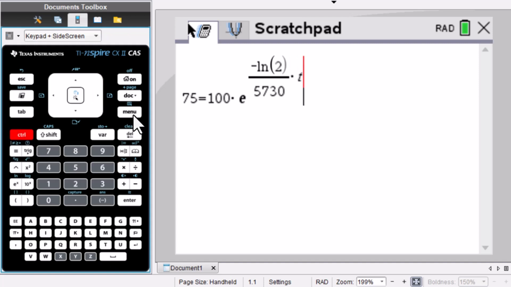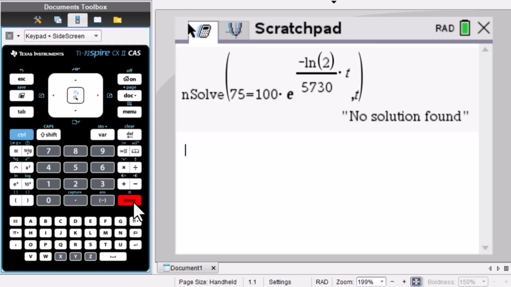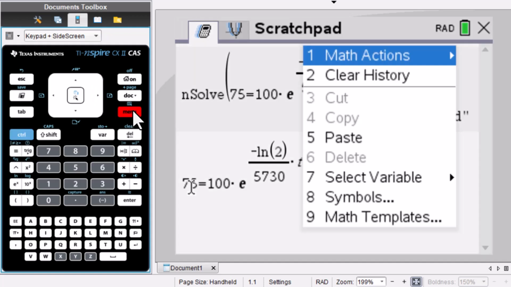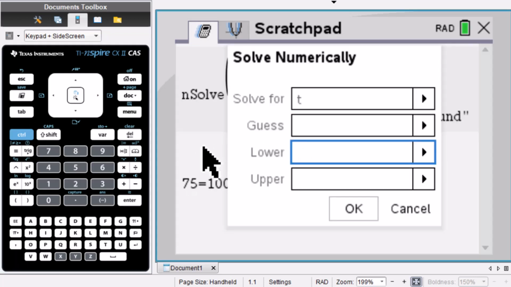Then control menu, enter, enter, enter. If we cannot get the solution from equation solver, we need to put values for lower and upper bound. Control menu, enter, enter. We do know this t is a positive number.